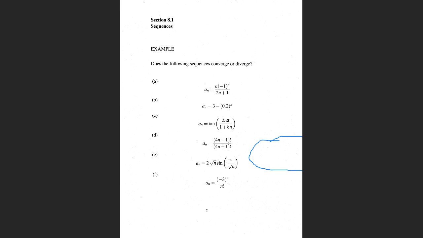What's the first term going to be for this sequence A? What does it equal when n is 1? Negative 1. Let me see, 1 times negative 1 to the power 1 plus 1.